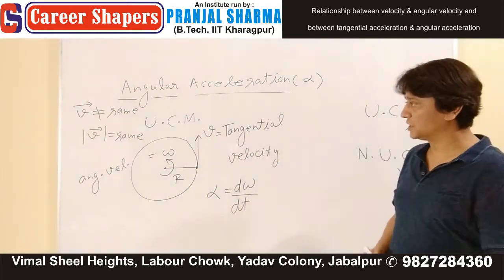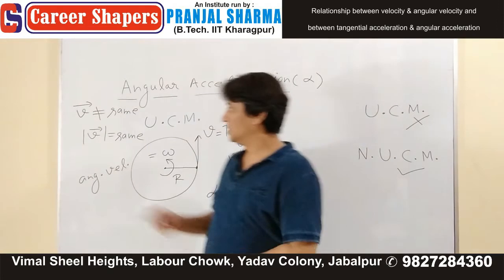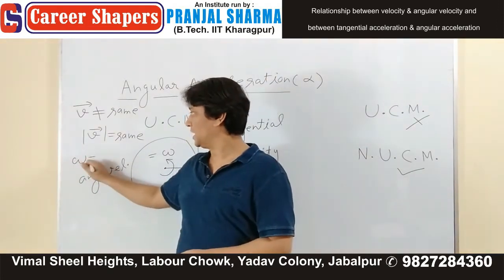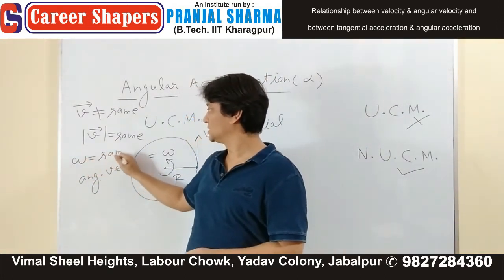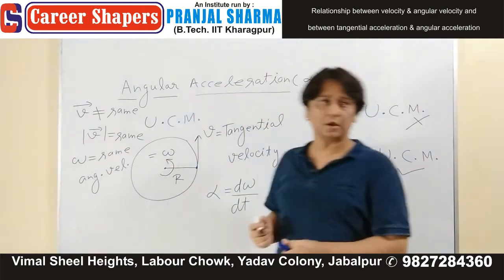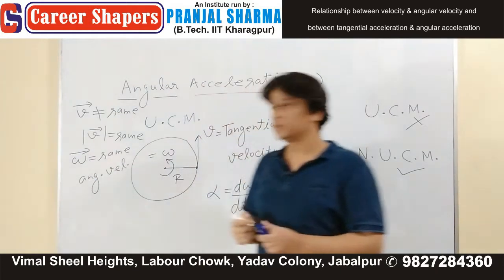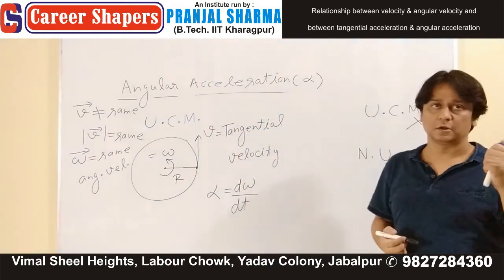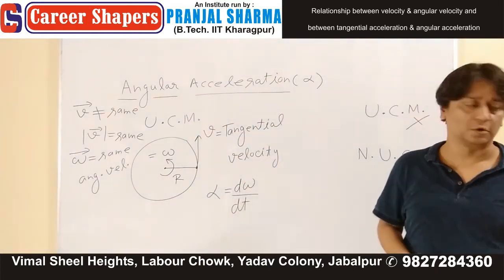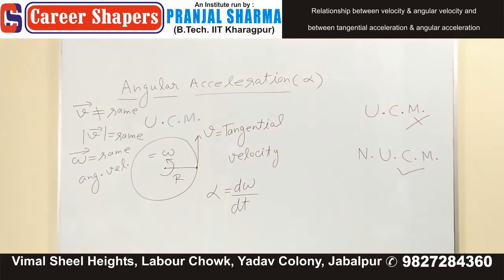My question is omega same or not? Is this statement correct? Angular velocity, you can put a vector sign also, doesn't matter. So is omega same or not? What do you think? Yes or no? Write down in the comment box. I'm talking about UCM, remember. For uniform circular motion.